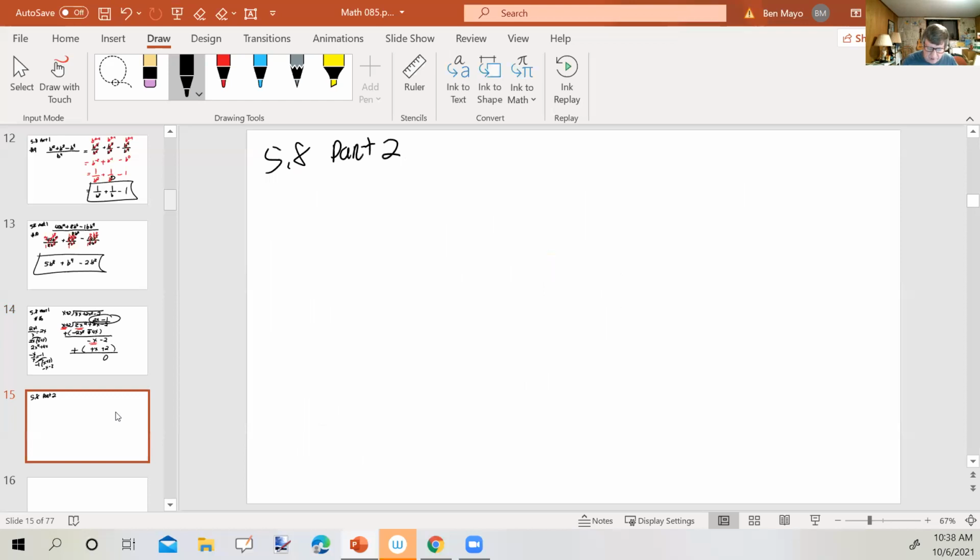The first thing I want to emphasize is, just like the problem we just did, the idea that something needs to be in standard form or descending powers of the variable. So let's take this example. We have 3 plus 11x plus 10x squared divided by 5x plus 3.